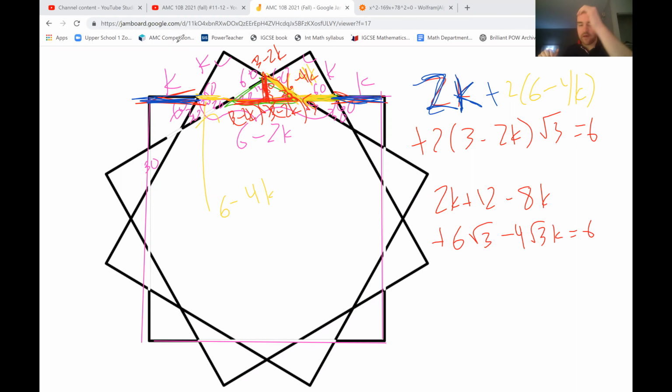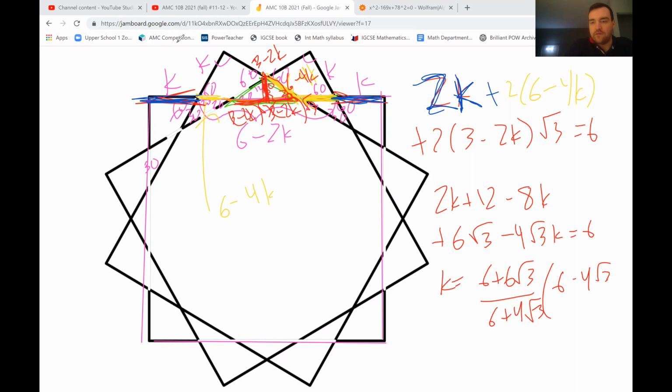Then if I solve that, I'm going to skip some algebra for you because I don't have a lot of room. If you solve this, you get k equals 6 plus 6 root 3 over 6 plus 4 root 3, which if you multiply by the conjugate and simplify, you basically end up getting 3 minus root 3.